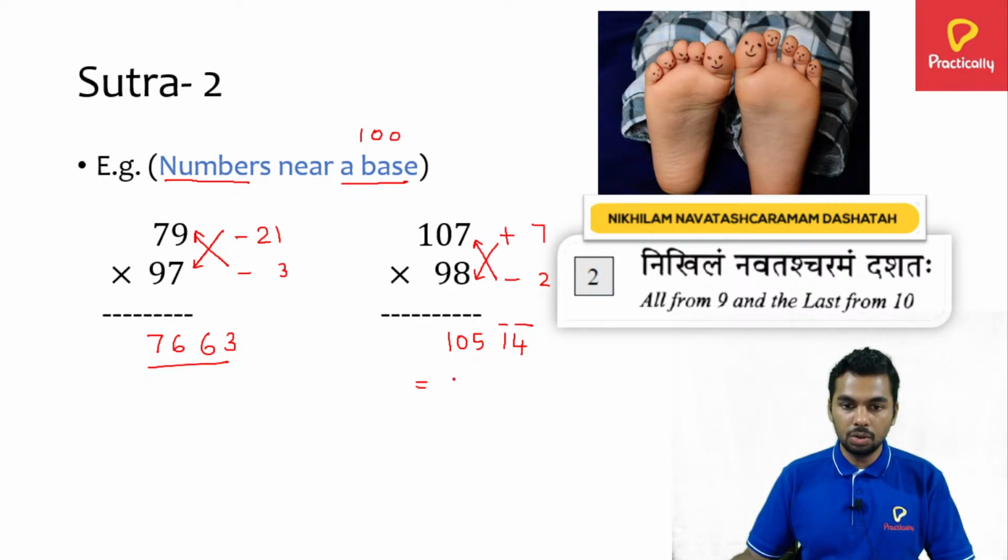For that, you write 105, you put two zeros. Wherever there is a bar, you put zeros and then write minus 14. So this is the same as the bar notation above. So the final answer is going to be 10486.